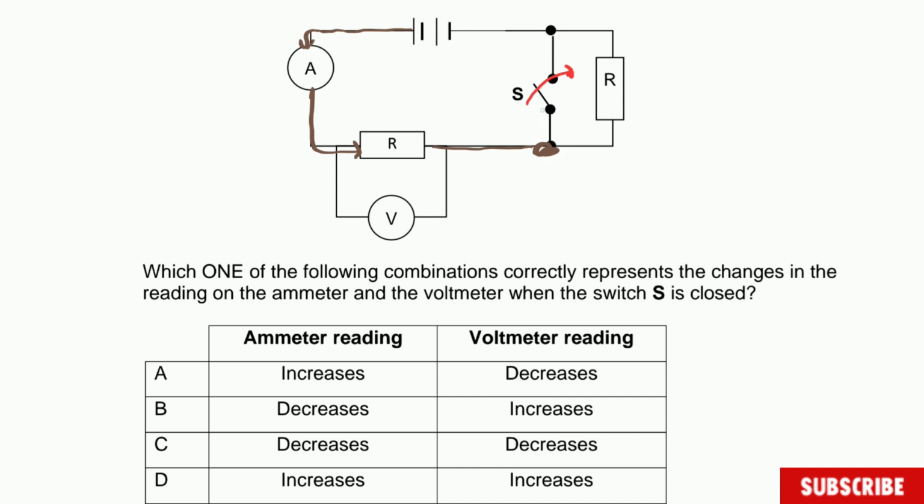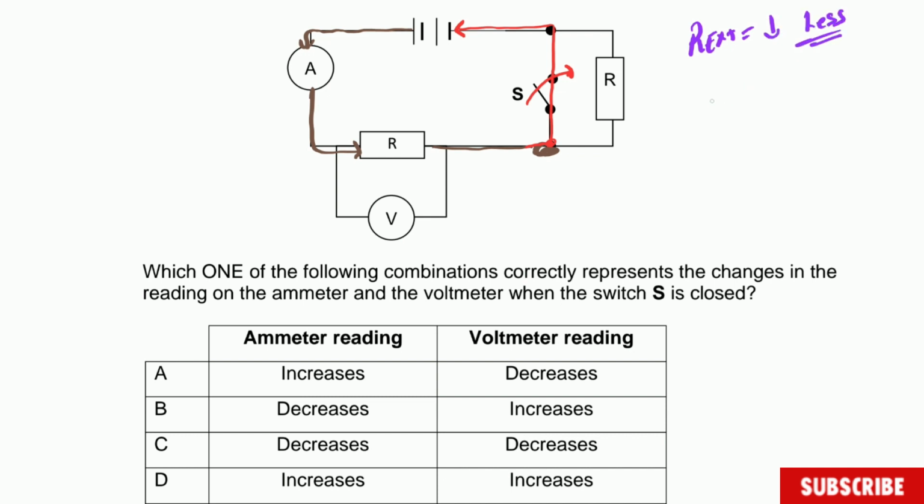Because the conducting wire in the switch has no resistance, all the current will flow this way instead. So no current will flow through the resistor. So as you take out one resistor in series, that means that the total external resistance is going to decrease, going to be less.